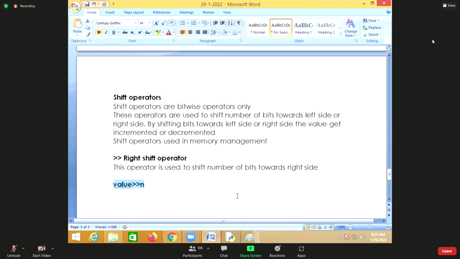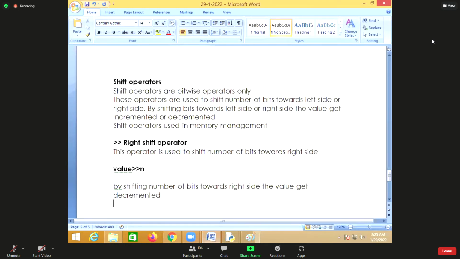Here n is the number of bits to be shifted towards the right side. By shifting bits towards the right side, the value gets decremented.